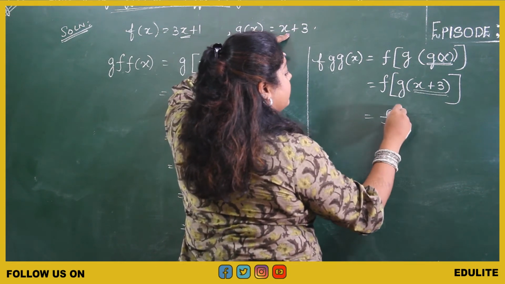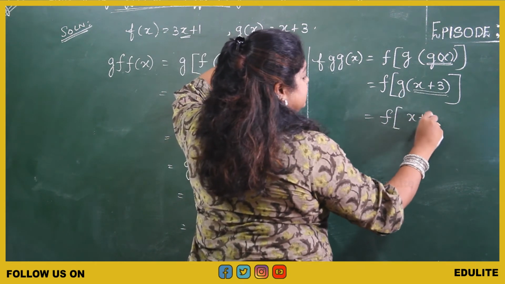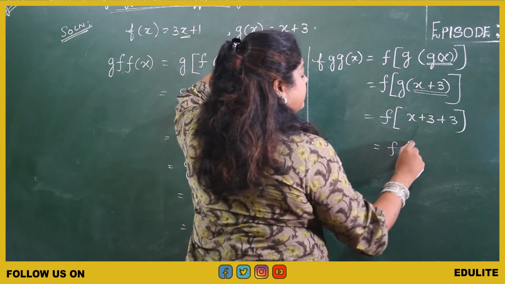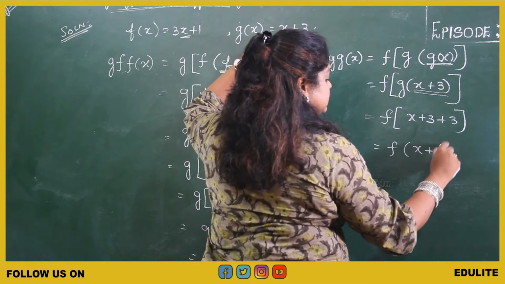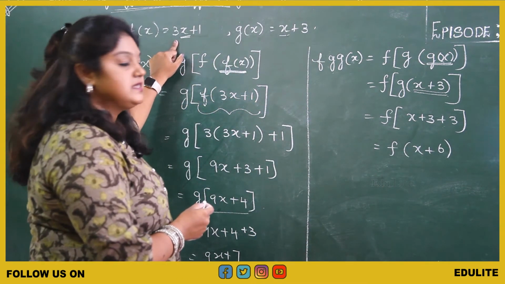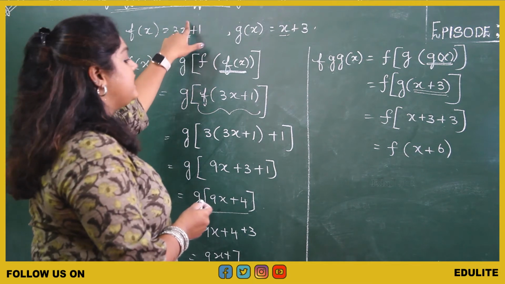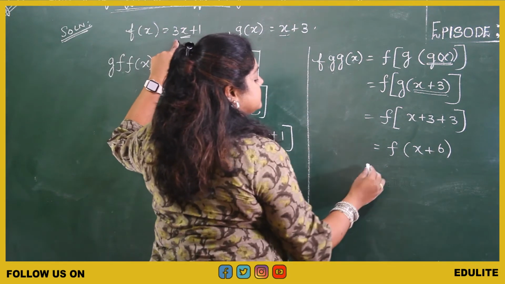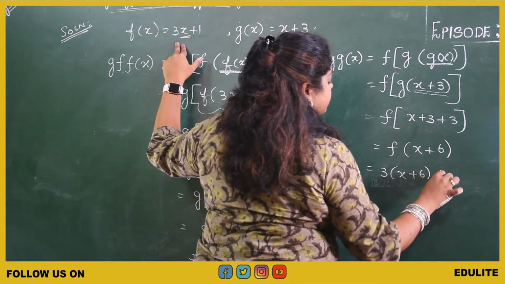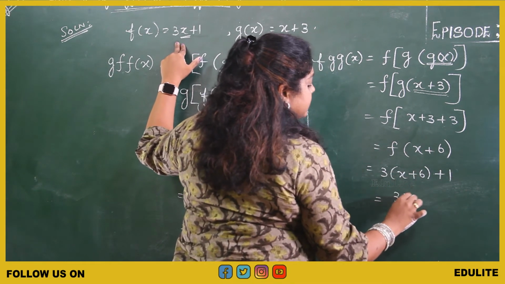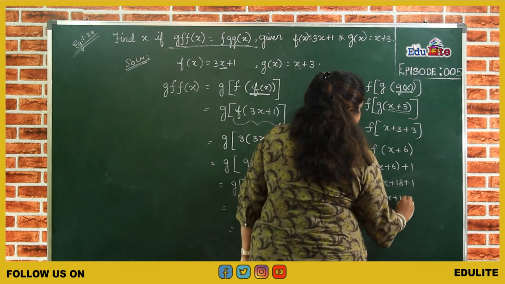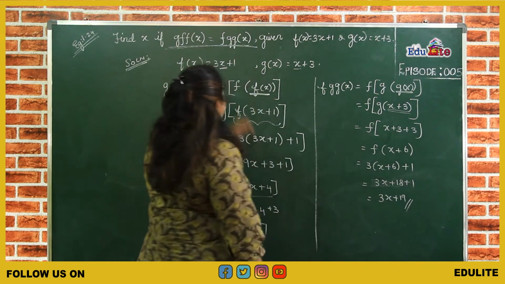So, f of x plus 3 plus 3. So, it will become f of x plus 6. Now, we have to use the function f of x. F of x is 3x plus 1. In place of x we have to substitute x plus 6. So, this will become 3 into x plus 6 plus 1. So, 3x plus 18 plus 1. So, 3x plus 19.